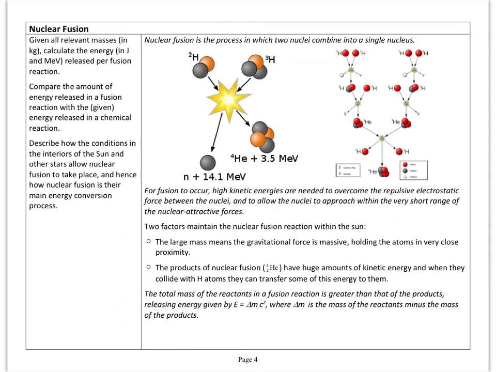The smaller particle moves faster, therefore has more energy. If you look at the ratio of these two numbers, it would be the opposite of the ratio of their masses. Don't really need to know this for fusion, but it's a good little reminder of that relationship between mass and the amount of energy a particle gets in any form of nuclear reaction.